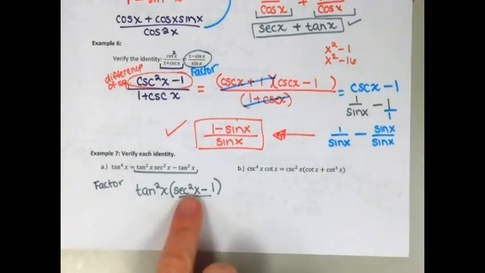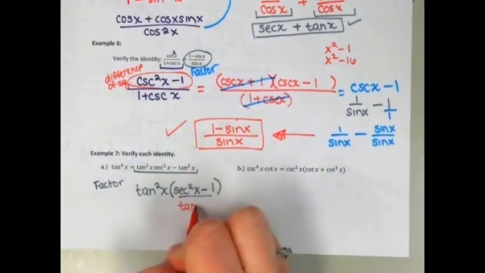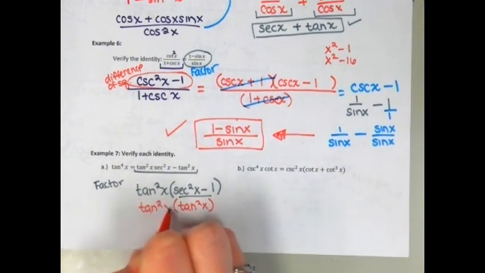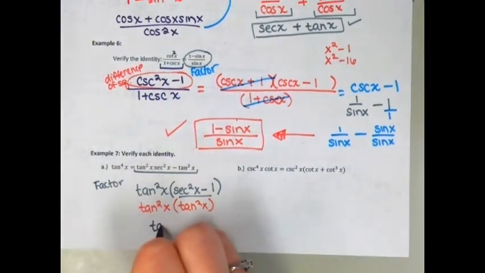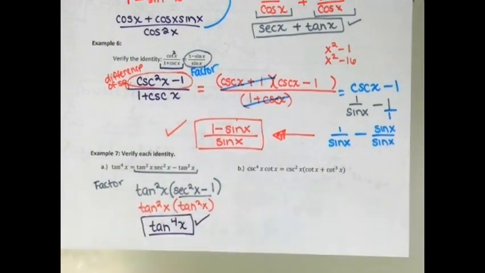Yeah, what does that simplify to? Isn't that tangent squared x? So now we have tangent squared x times tangent squared x. And what's tangent squared x times tangent squared x? Tangent to the 4th power. Is that what we wanted? Yes, it is.